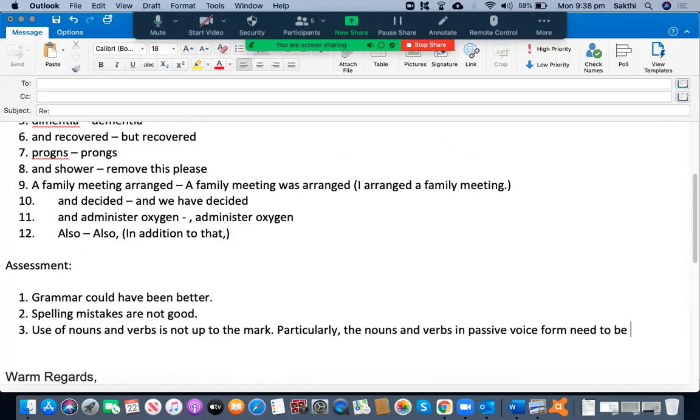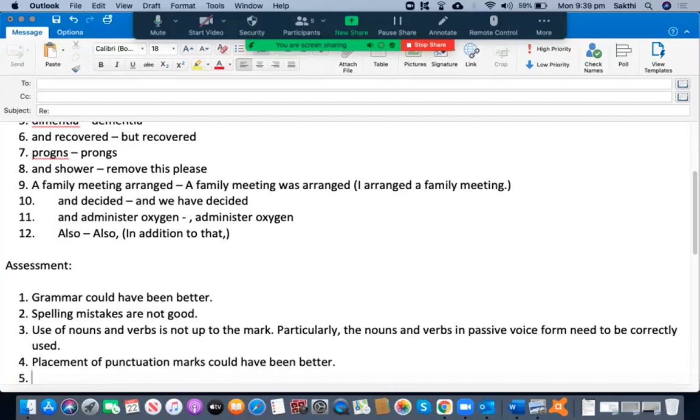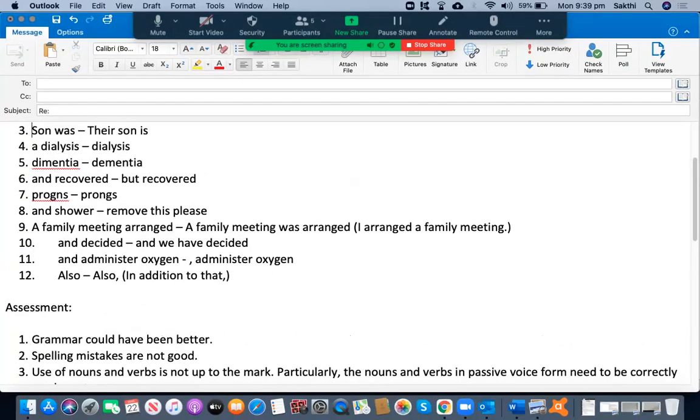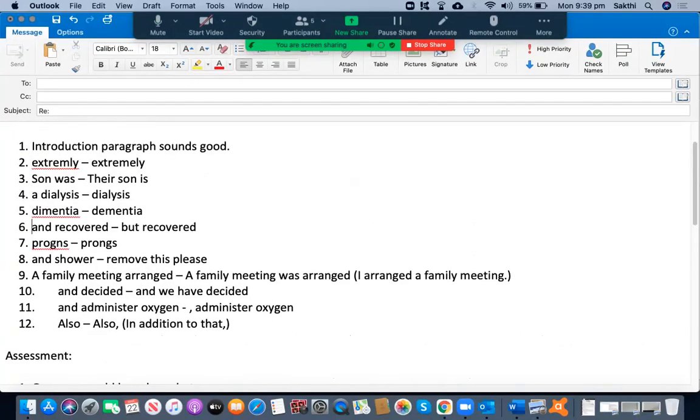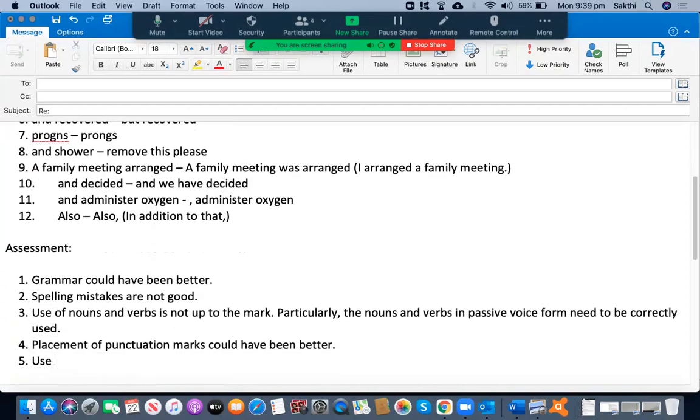They need to be correctly used. All right. Placement of punctuation marks could have been better. Use of articles could have been better.